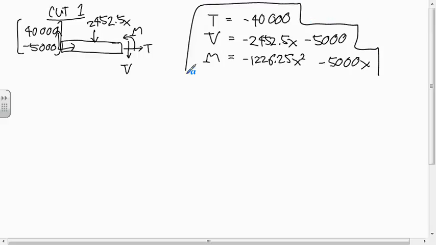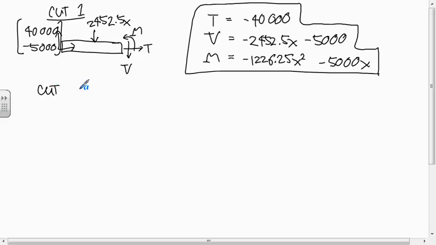Okay, so that's for cut one. The derivatives work out with that, so that makes sense. The moment is 0 when x is equal to 0, so that makes sense.